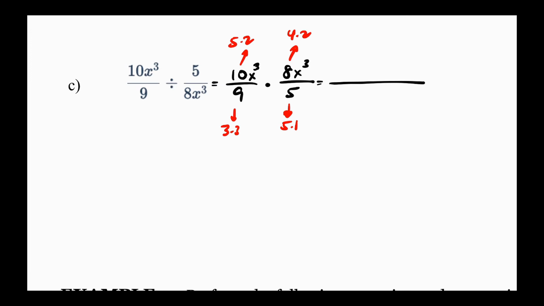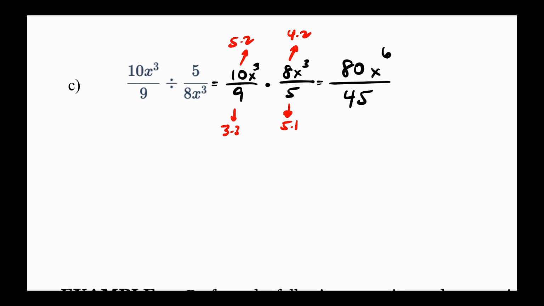Okay, so it's division, so you got to keep change flip. Then I factored: 10 is 5 and 2, 8 is 4 and 2, 9 is 3 and 3, 5 is 5 and 1. Now multiply straight across. So I get 80 next to the 6. Bottom, 5 times 9 is 45.